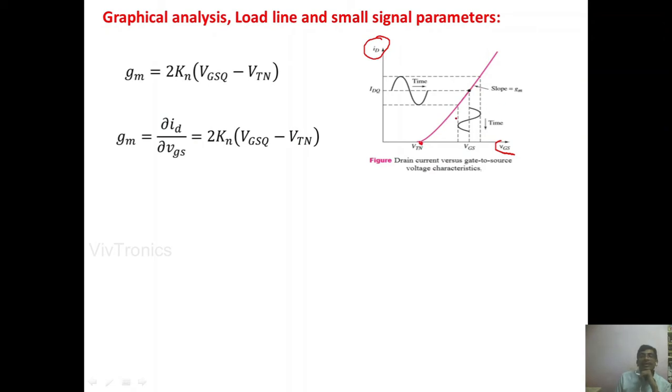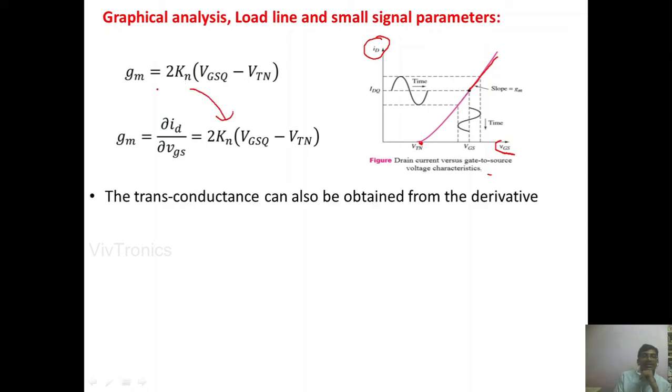This one is the drain current versus gate to source voltage characteristic. So the slope of these characteristics is Gm, that is nothing but the transconductance. That is a varying value. That's why we have taken dou id by dou VGS, equal to this entire term.